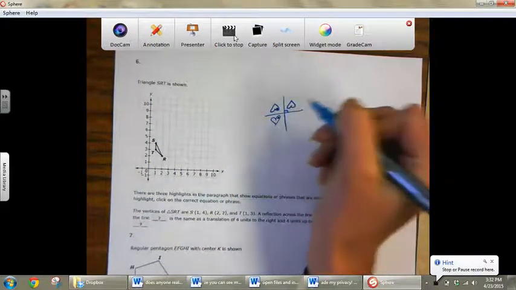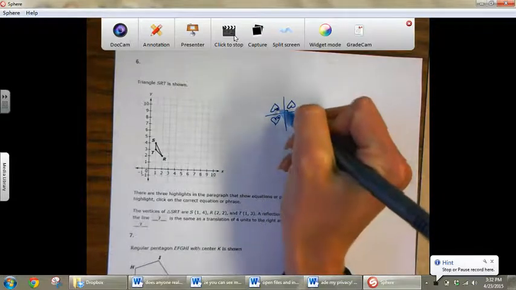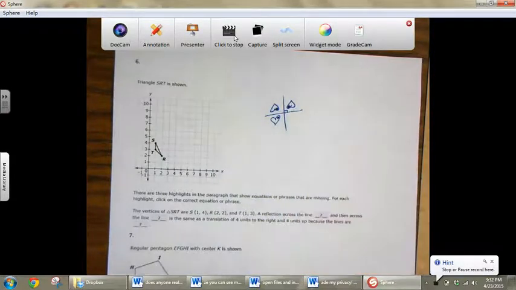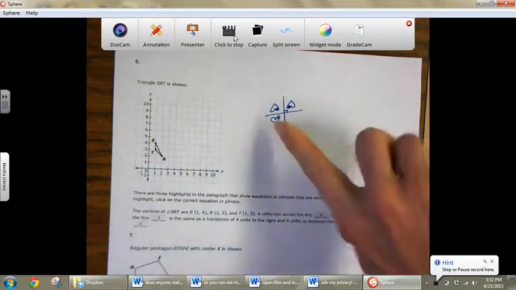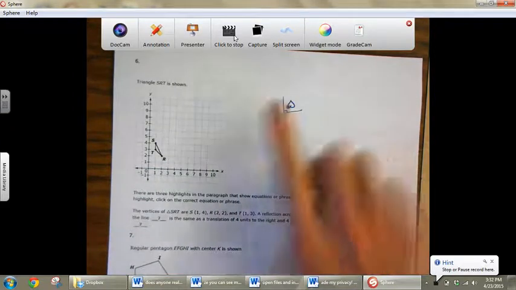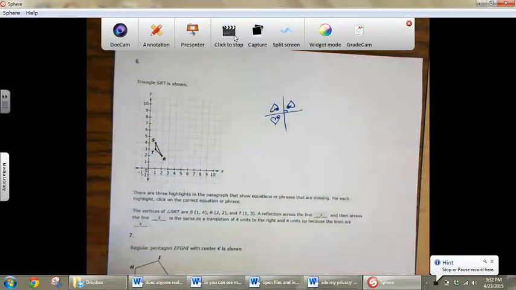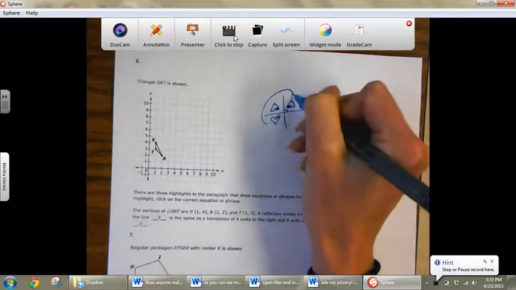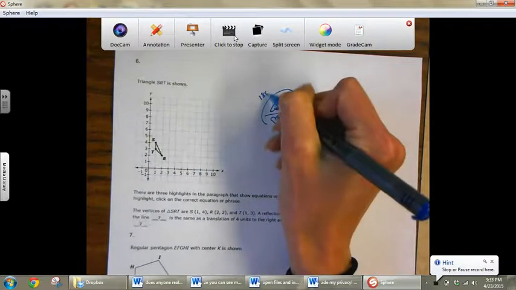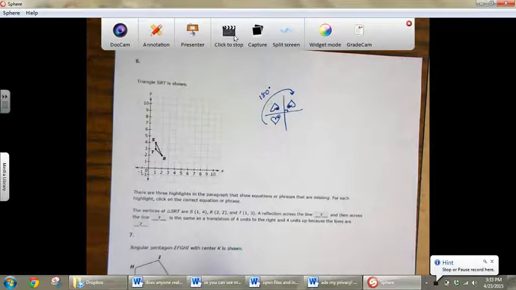But remember, if we reflected it, this part's going to be here now. So can you guys tell that this looks like a rotation, basically a 180-degree rotation? So that's if we're across perpendicular lines.